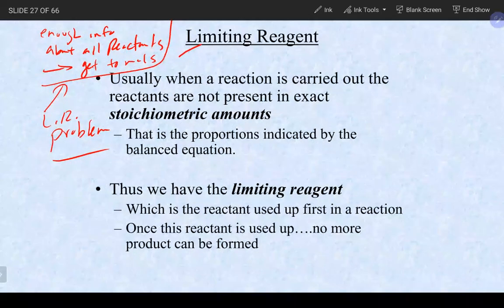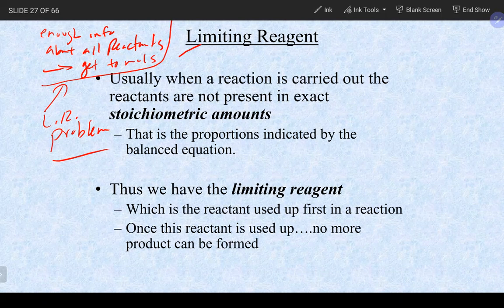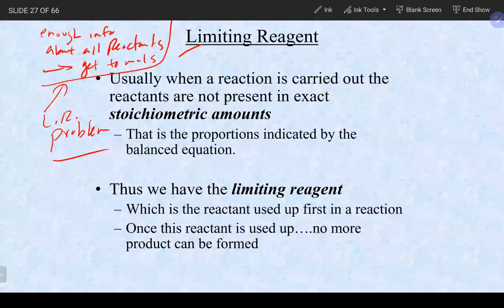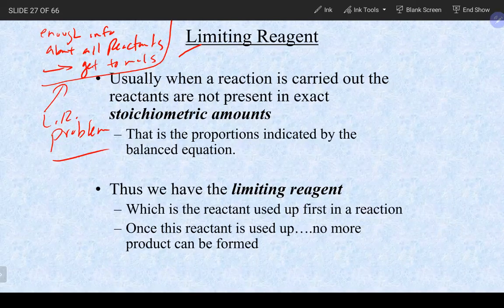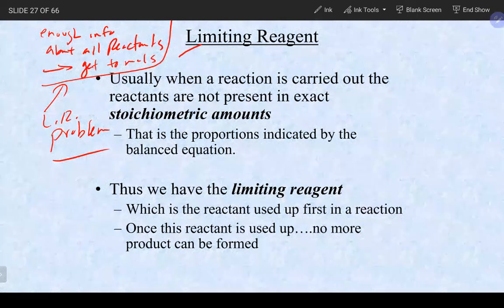The ones that we did previous to this, if you look back, you were pretty much given one piece of information. Maybe you're given information about a reactant, maybe about a product, but just one piece of information. And when you're just given one piece of information, that's a basic stoichiometry problem that you follow the 4 steps. And if you're given one piece of information and that information is a reactant, it's assumed that that is the limiting reagent.